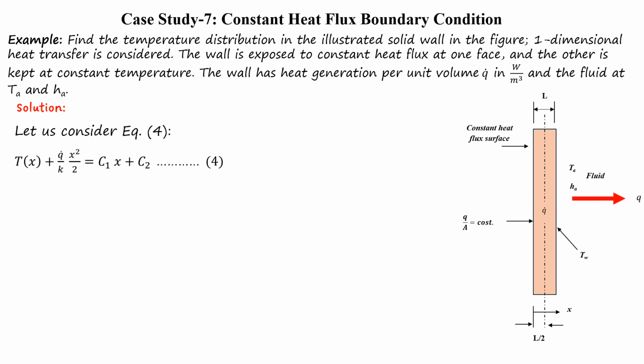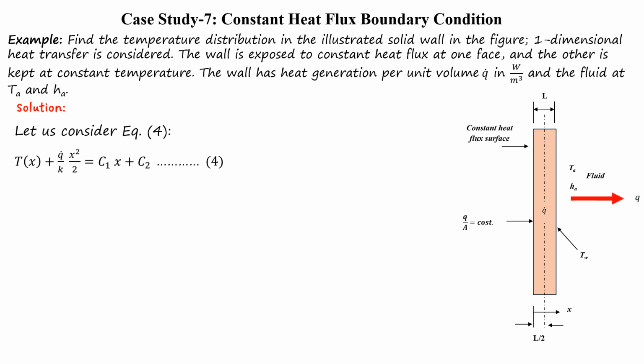And we have applied two successive integrations. So we have obtained the form of equation 4, which represents the temperature distribution in terms of the position, thermal conductivity, and heat generation, that is T of x plus q dot divided by k, x squared divided by 2, equal to C1 x plus C2.